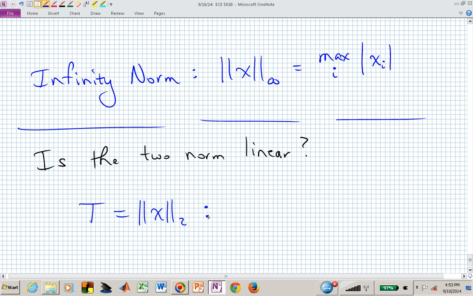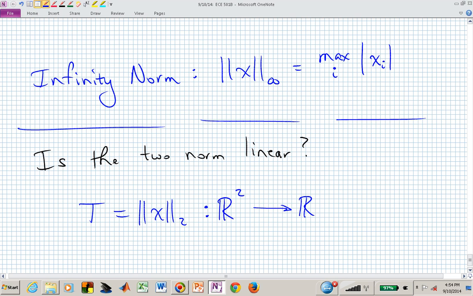What are we starting with? Let's just use an example. Suppose we start with a 2-dimensional vector. What's the norm going to give us? What's the output? Just a real number, isn't it? It's now going to go from R2 to the reals.